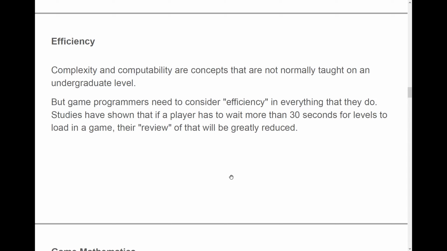Because studies have found out that if a player has to wait for more than 30 seconds for levels to load in a game, their review of that game will be reduced. Because of this, even though complexity and computability are concepts which are not looked into much, efficiency is a must. It affects the reviews that the game would get.